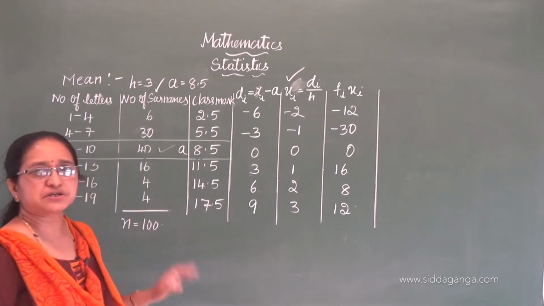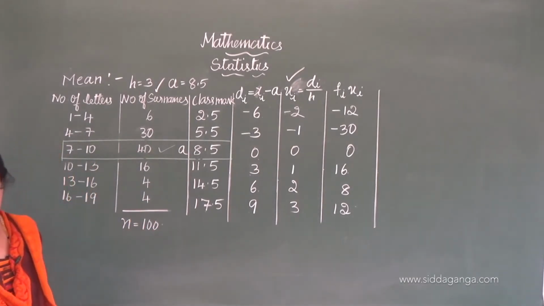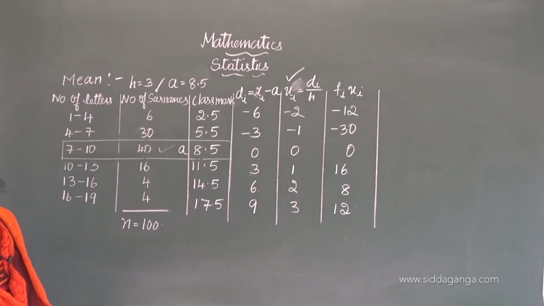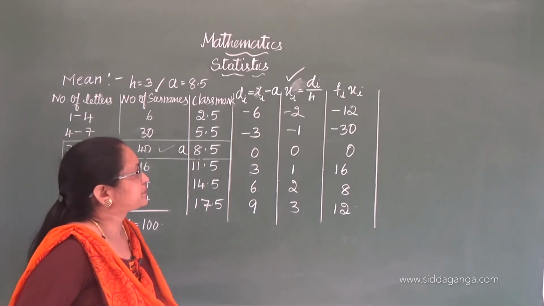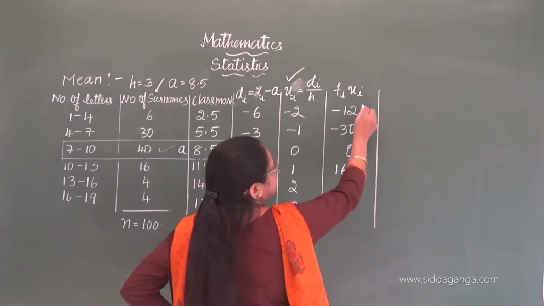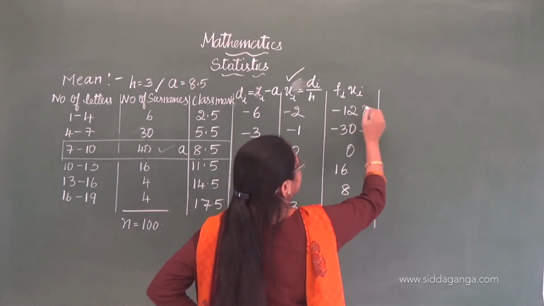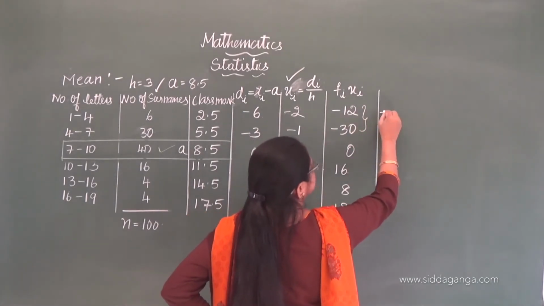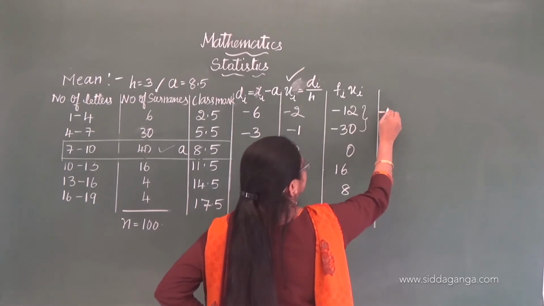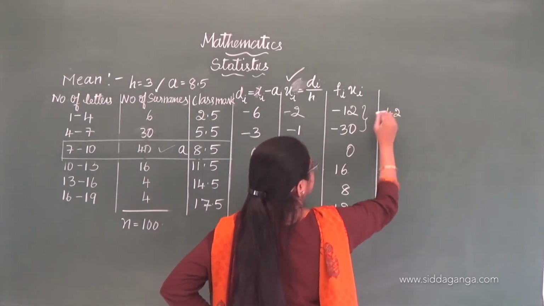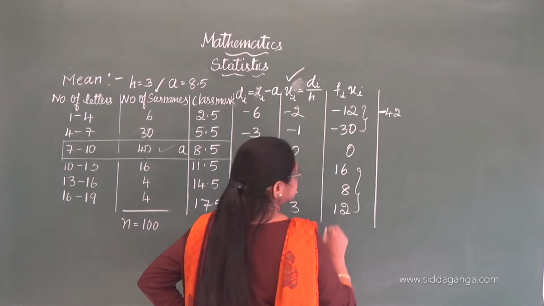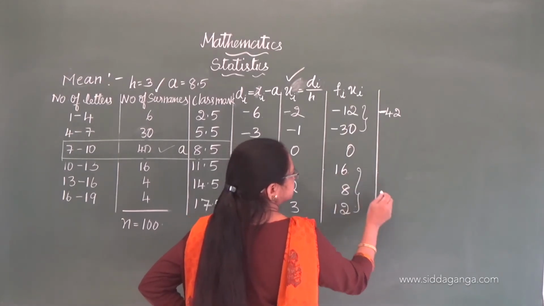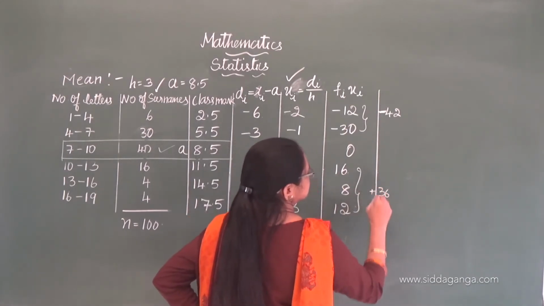Okay, check the calculation once again. Minus 12, minus 30, 0, 16, 8 and 12. Now you add these two, you will get minus 42, and if you add this 20, 36, correct, plus 36.